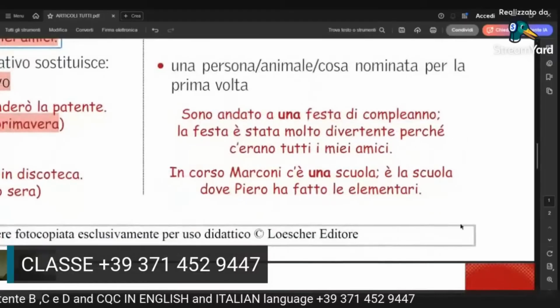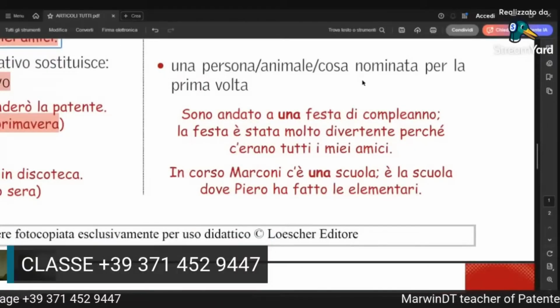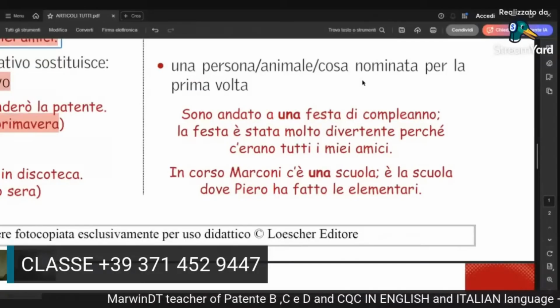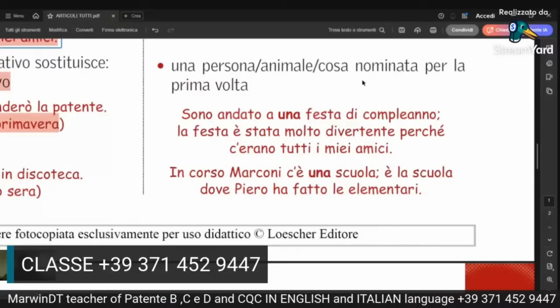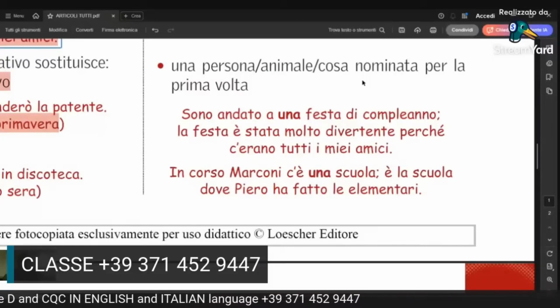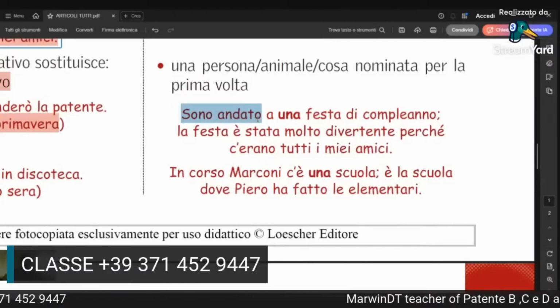Proceeding with examples. Una persona, animale, cosa nominata per la prima volta. So it's also being used to mention something that has been named or called for the first time. Example: sono andato a una festa di compleanno.